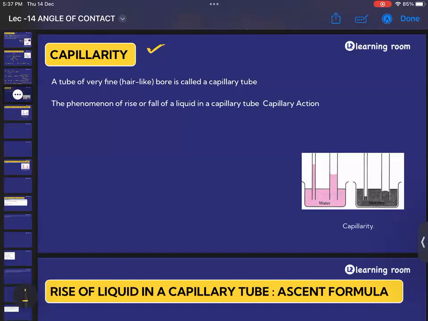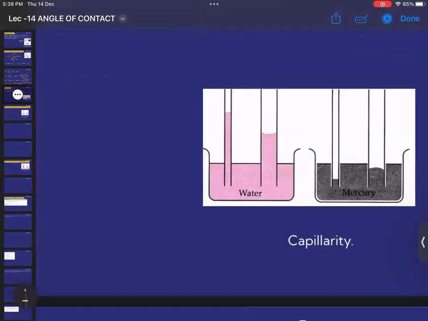You don't do anything. You just put the straw, and the liquid is rising. That is happening because the juice contains water, and water has the property of wetting the solid surface. Whereas if you take a glass straw and put it into mercury, there will be a fall in the level of the liquid, like how the diagram shows.